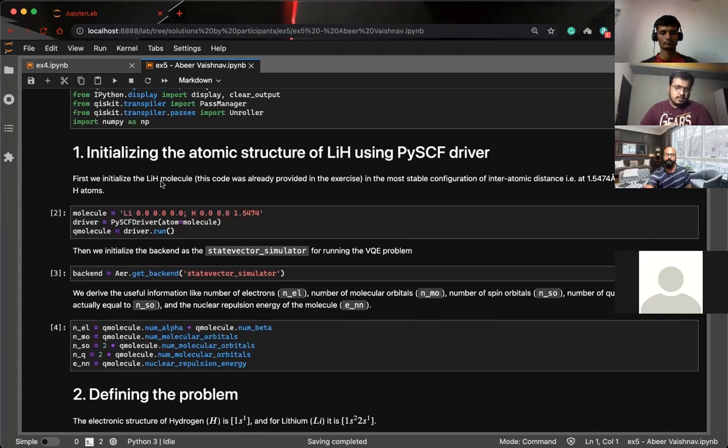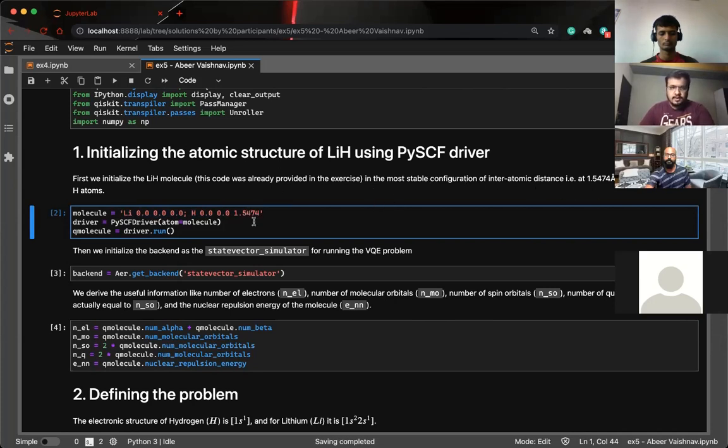First, we initialize the atomic structure of LiH. We do this using the PySCF driver, which is an open source library in Python. The molecule looks something like this, where you define lithium at the position 0, 0, 0, the x, y, z coordinates, and hydrogen at 0, 0, and then 1.5474 angstrom.